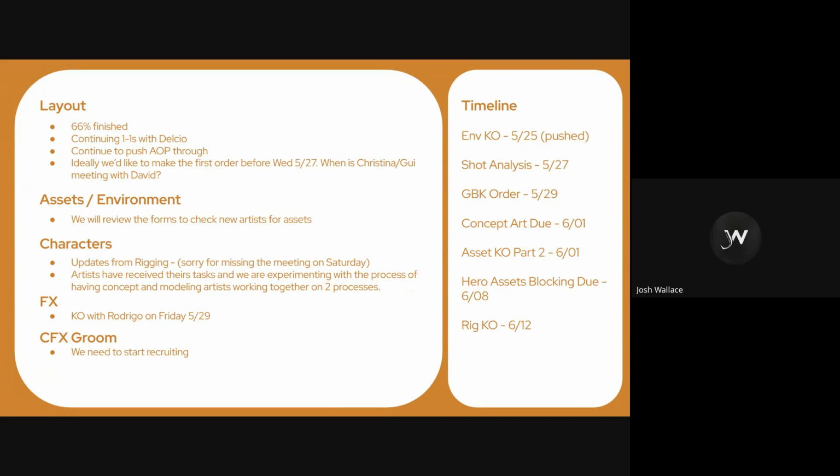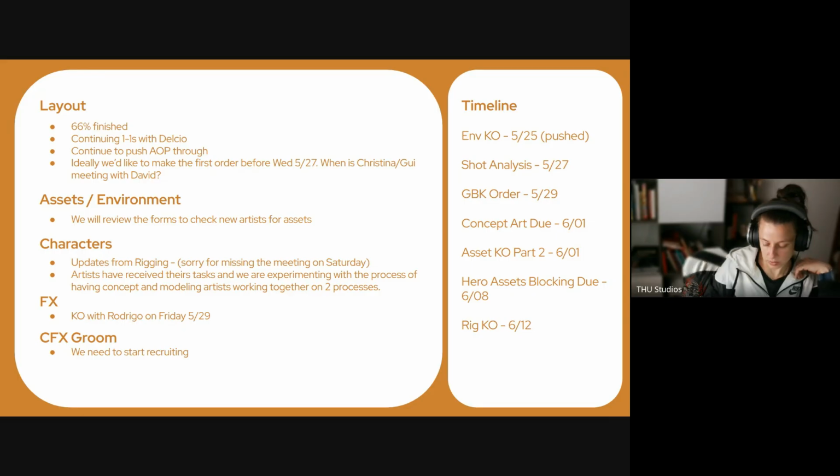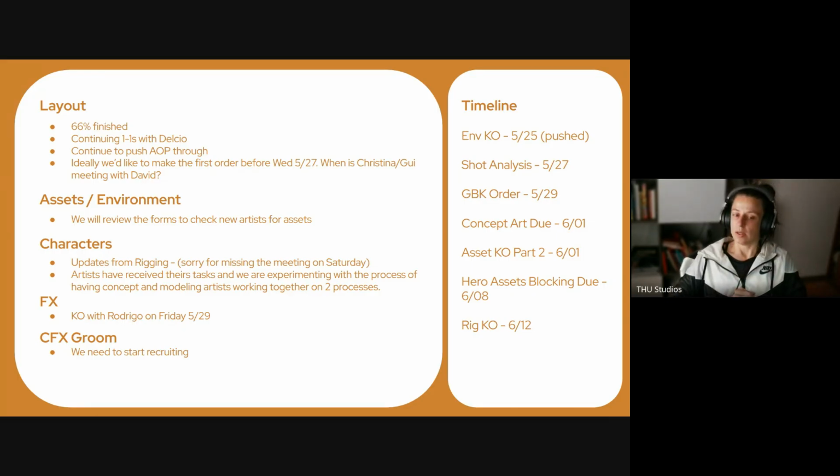But I'm also looking timeline-wise at when we can start bringing them in. Okay. It looks like we need to make a base and then make clothes variations later, right? So I should check that.